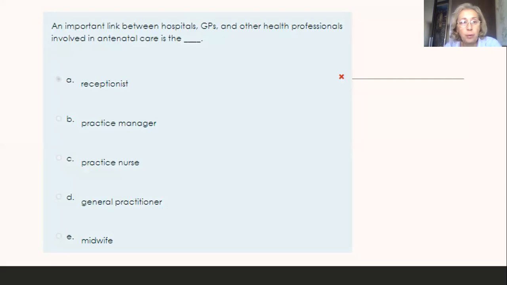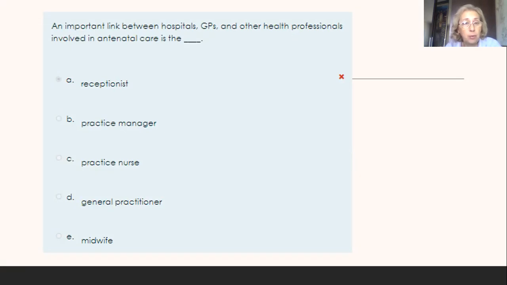So it says: an important link between hospitals, general practitioners, and other health professionals involved in antenatal care is the who? Midwife. Oh, yes, exactly. This is midwife, because the keyword here is antenatal care, right?